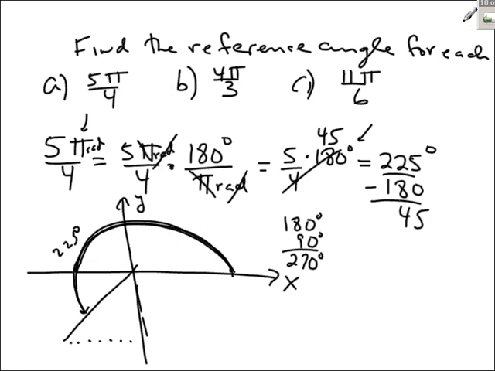Don't go to the y-axis. Always go to the x-axis. The reference angle is the one that's caught right here, inside that triangle. And that's 45 degrees. After all, we went 180, and then we went 45 more.